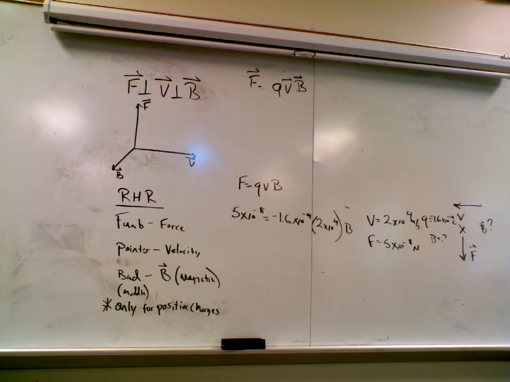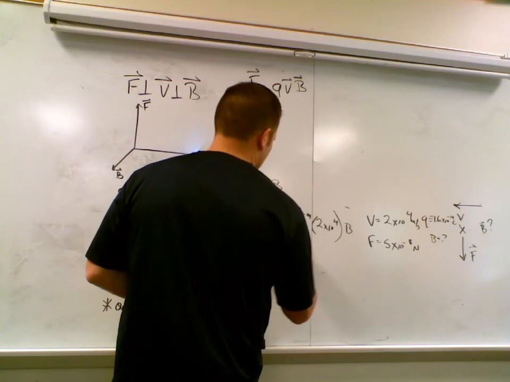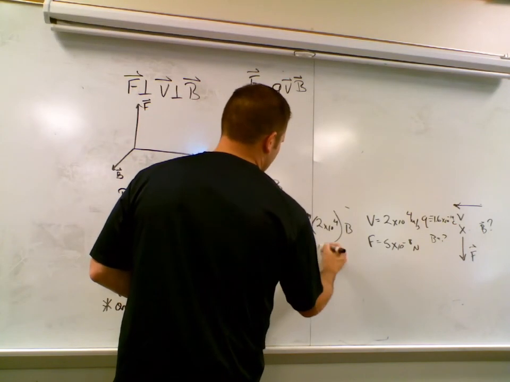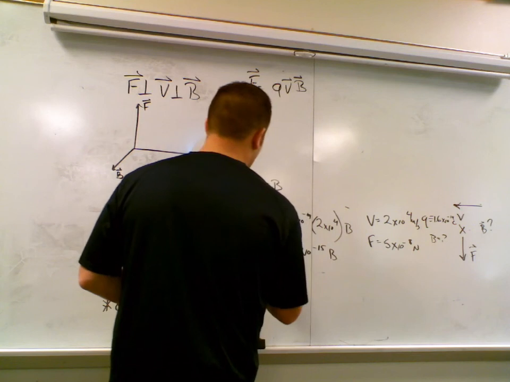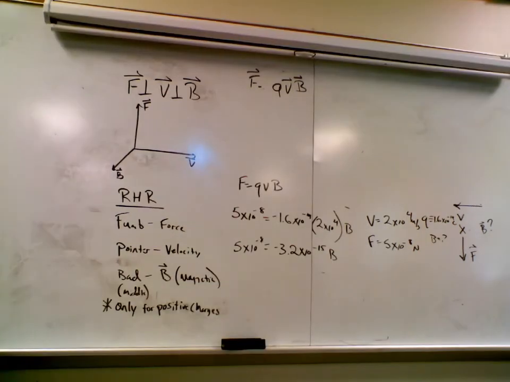Negative 1.6e to the negative 19 times 2e to the fourth, and we get negative 3.2 times 10 to the negative 15 B equals 5 times 10 to the negative 8. So what do we do now?